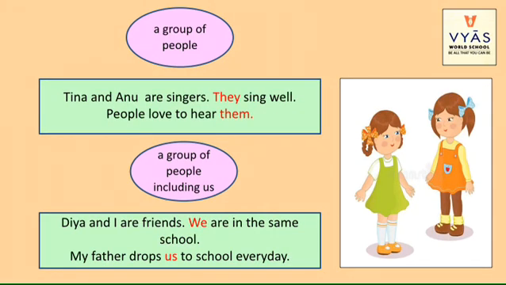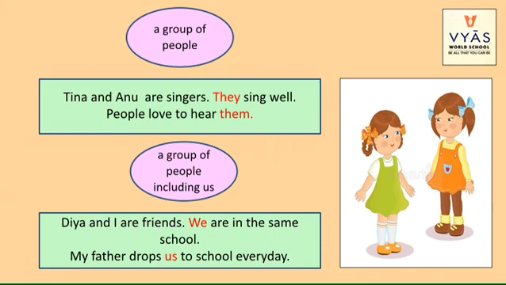Now, when we are talking about a group of people, we use pronouns such as they and them. Tina and Anu are singers. They sing well. People love to hear them. The next is when we are talking about a group of people that includes us also. Please have a look at the example. Dia and I are friends.